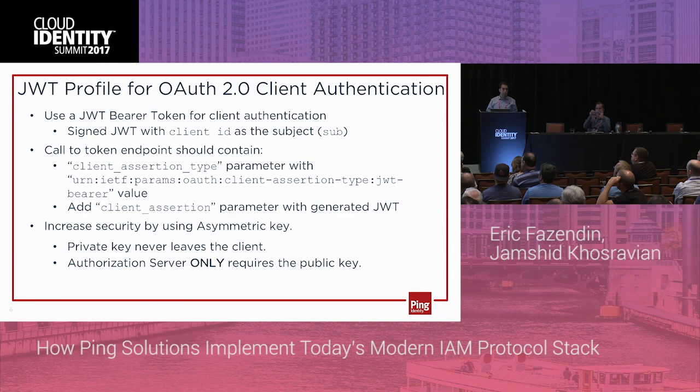These are HTTP parameters that will be part of the post payload going to the token endpoint of the authorization server. What this buys you is that because this is an asymmetric key, the private key never leaves the client.